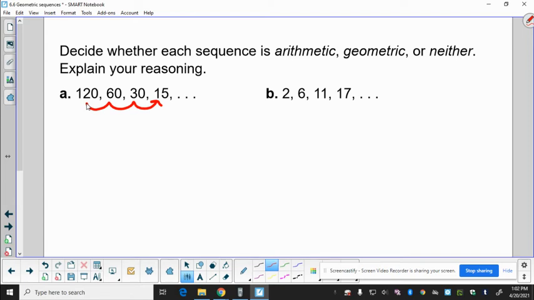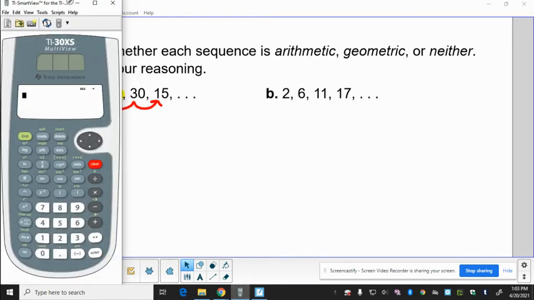If you're not sure what to do, remember we had talked about a little trick here. Take the first two numbers, and you divide them in reverse order. I'm going to take 120 and 60, and do them in reverse order. So 60 divided by 120 is 0.5, and if you want to think of that as a fraction, that's 1/2.